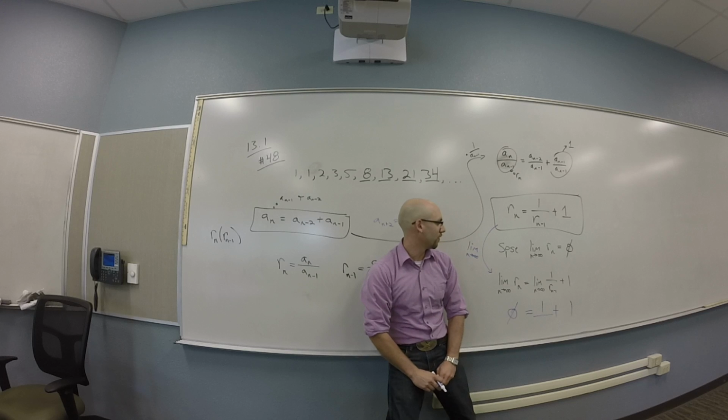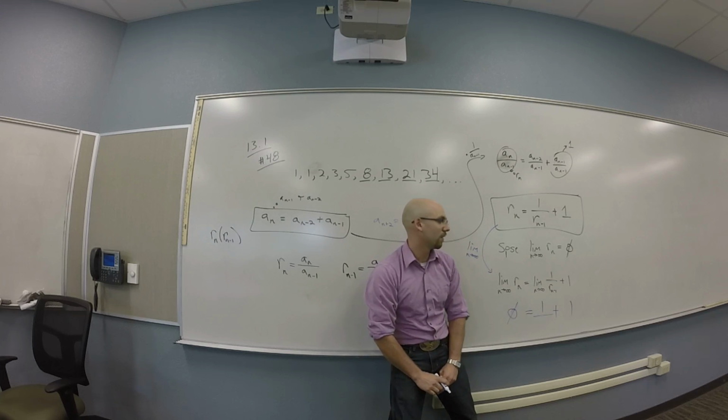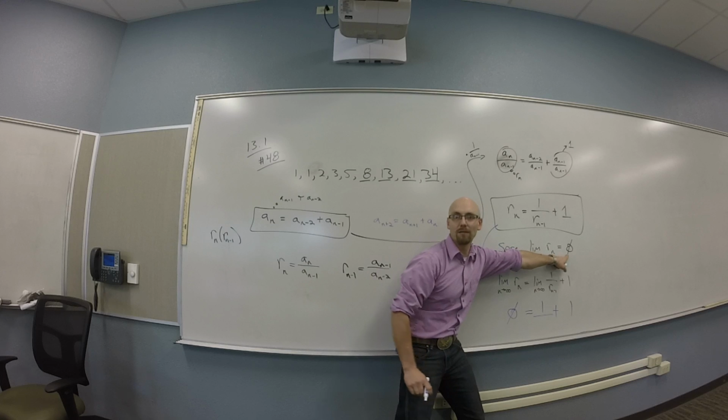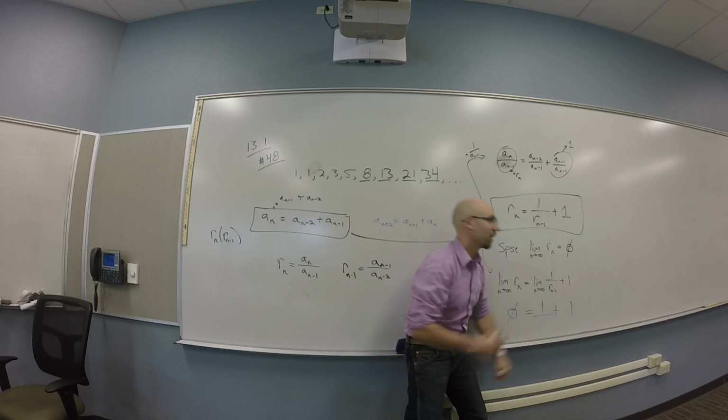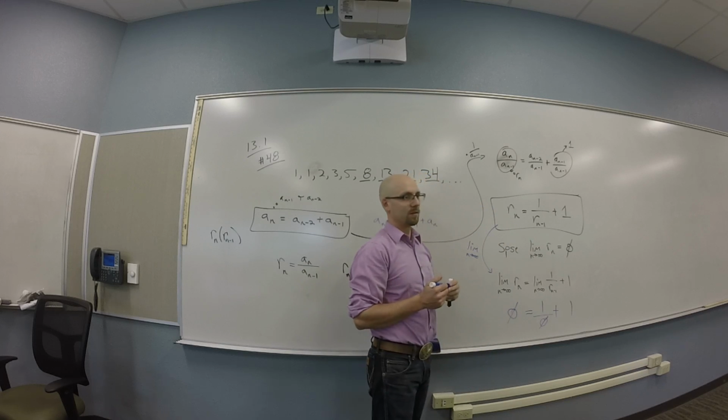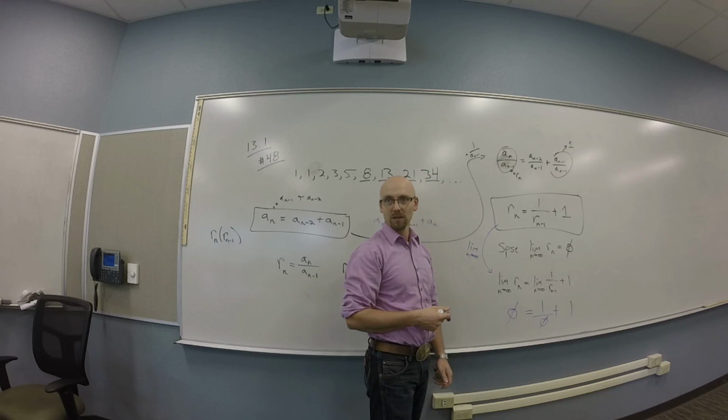And then you send n to infinity in R_(n-1). Infinity minus 1 is huge anyway, so you get R sub huge. But remember, the R sub huge turns into that phi, so I could really just slap a phi down there too. So there's my equation for the golden ratio.